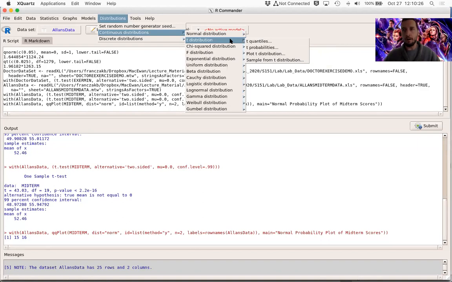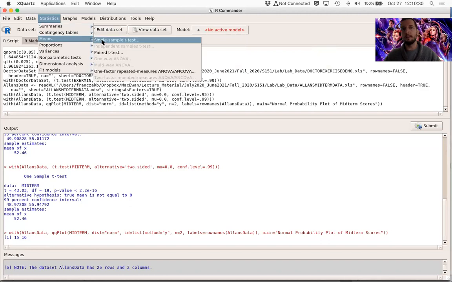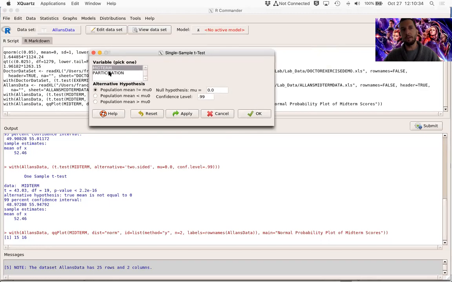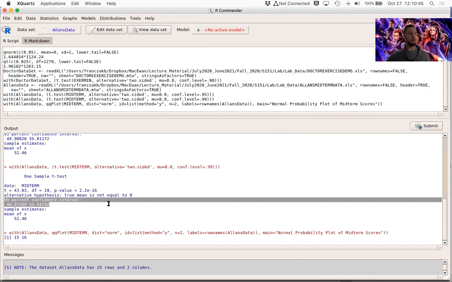If we want to get R to build the interval directly, then we go statistics, means, single sample mean. And then all we have to do here is pick the variable that we want, and then the confidence level that we need, and click OK. And that will give us the interval inside of the output from that procedure.